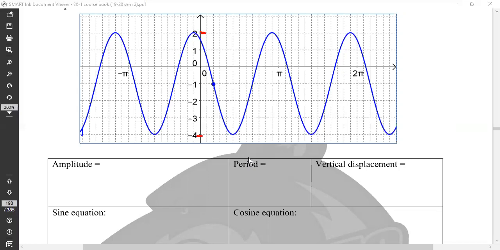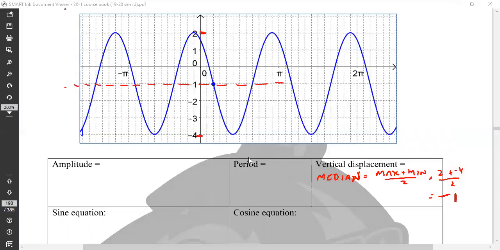This is sometimes called vertical displacement, and it's your median line. And if it's the average of those two, it's going to be your max plus your minimum divided by 2. 2 plus -4 over 2 ends up being -2 over 2 is -1, which is actually kind of obvious.